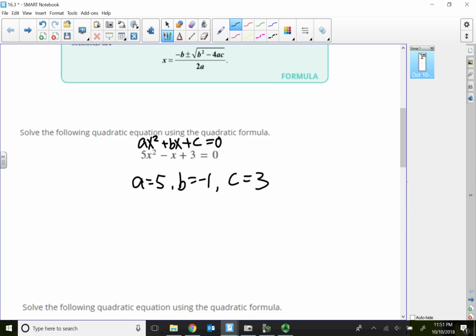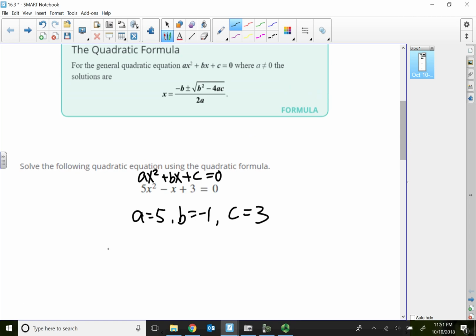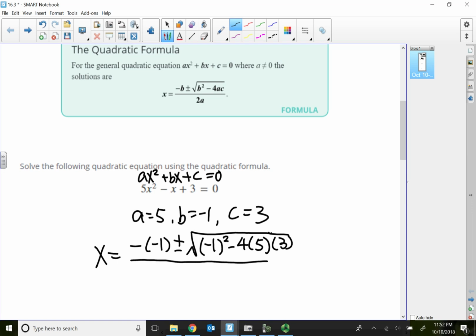Let's plug it into the quadratic formula: x equals negative b. My b is negative 1, so negative times negative 1, plus or minus the square root of b squared, so that's negative 1 whole thing squared, minus 4 times a times c, and then both of those terms on top divided by 2 times a, which is 5.